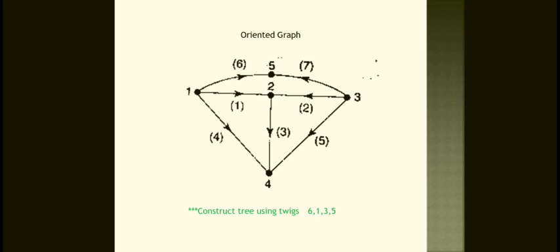Just observe this. This tree is constructed using twigs. What are the twigs here? 6, 1, 3 and 5. These are the twigs actually.